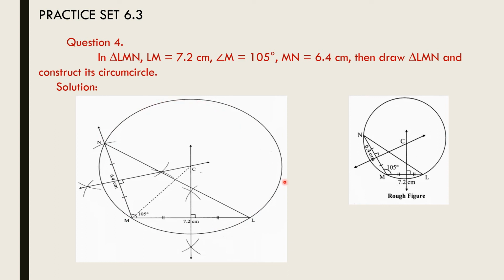In this figure, the point C is the circumcenter of the triangle, and this triangle is an obtuse angle triangle. Therefore, the circumcenter of an obtuse angle triangle lies in the exterior of the triangle.